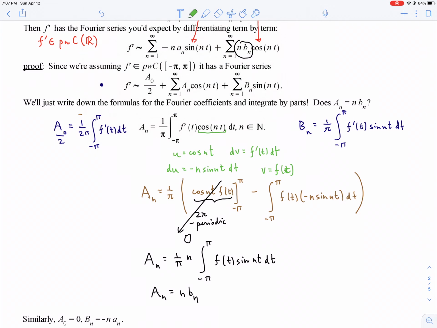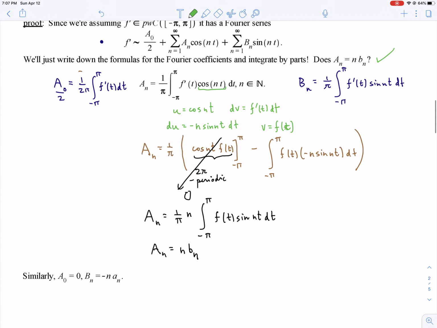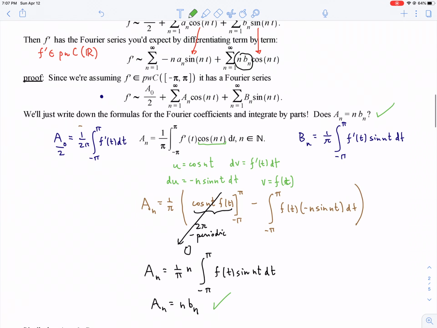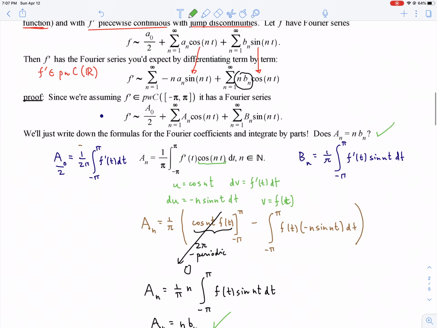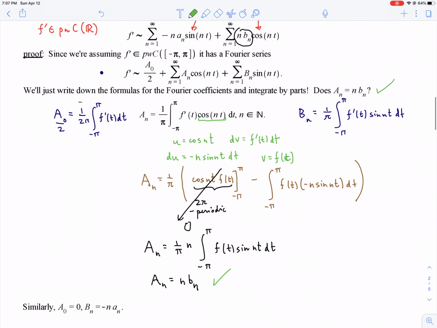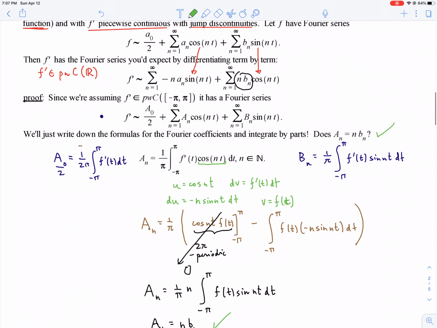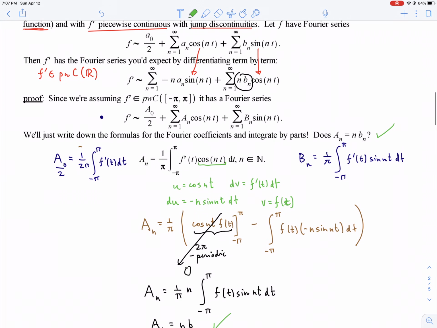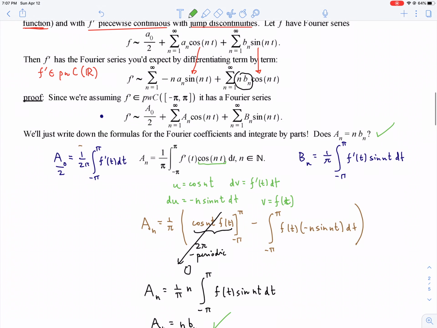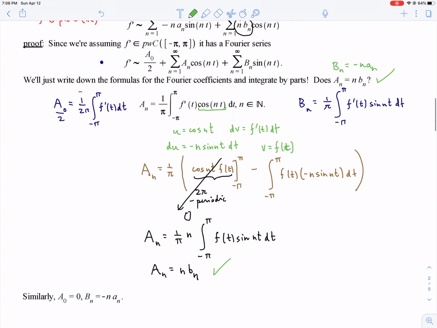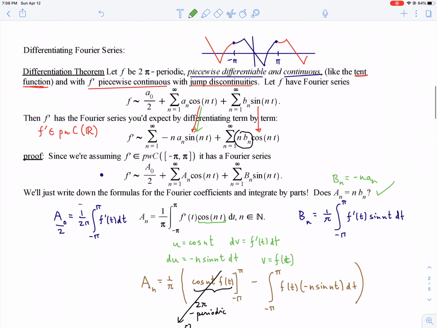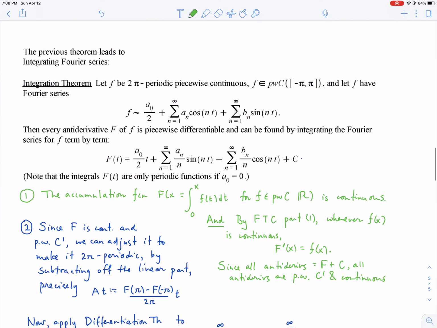Okay, and as I say, the arguments are exactly the same when you check that the capital Bn's, which are the coefficients of the sines, are given by what you get when you differentiate the cosine terms, which is minus n little a n. Okay, so that's the justification for differentiating term by term.